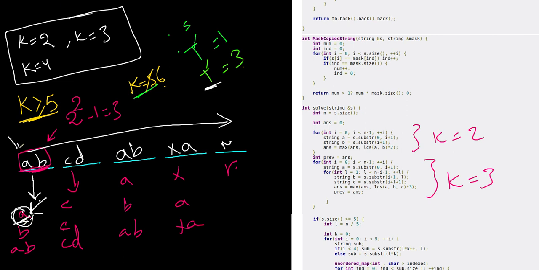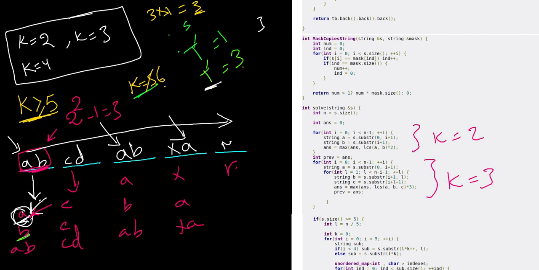For example, here we have A, here we have A, here we have A. That means we have 3 copies. So for this combination, which is A, we find 3 copies. The length of the copy is 1, so the powerful is 3, the length of the powerful string.